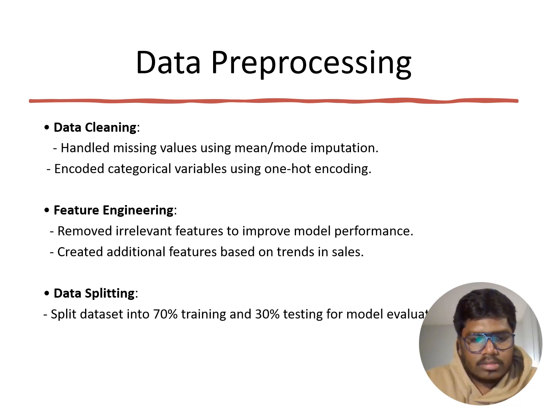Another step included in data preprocessing is data splitting. The dataset was split into 70% for training and 30% for testing. We used the split data operator to split the data.